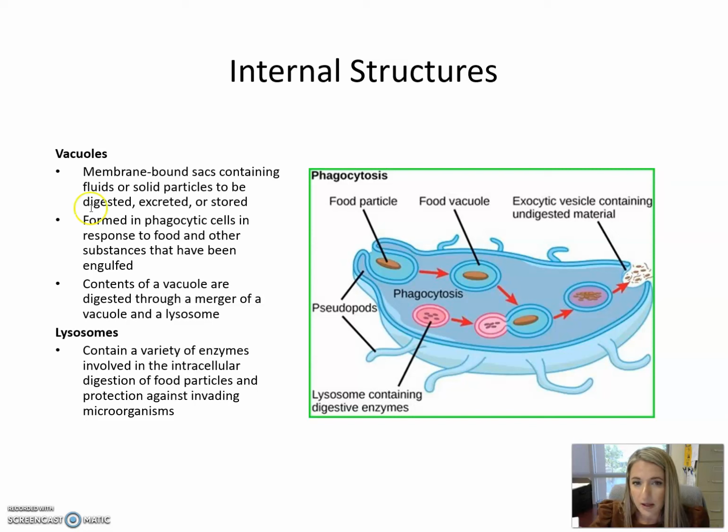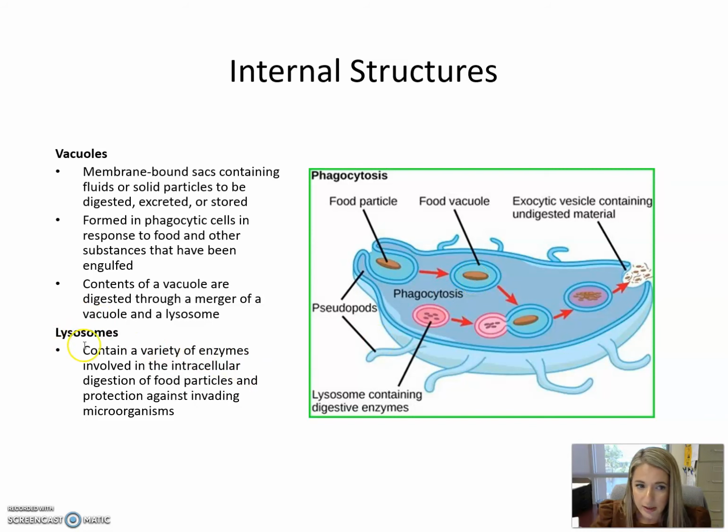So if a cell would engulf nutrients, those nutrients would be temporarily stored inside of a vacuole. Or if a phagocytic cell, like a neutrophil, engulfed a bacterium, it would temporarily store that bacterium inside of a vacuole. So a vacuole is just a membrane-bound compartment that essentially stores things while they're awaiting digestion. So it's just a temporary storage compartment.